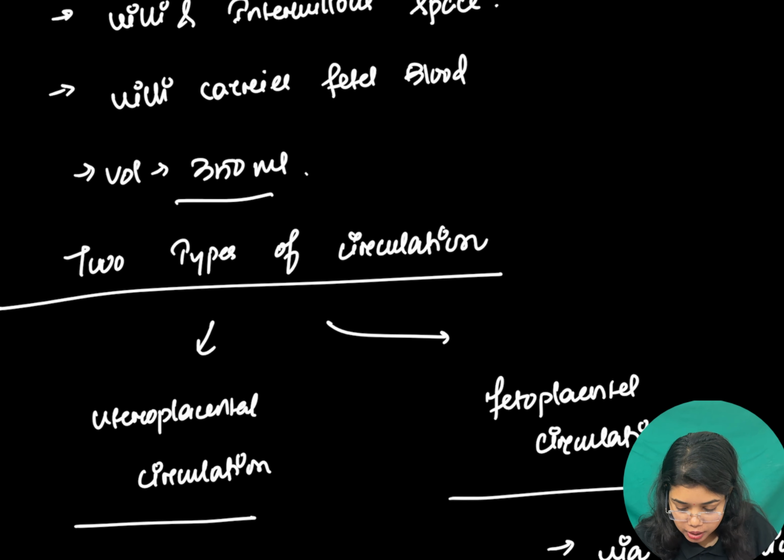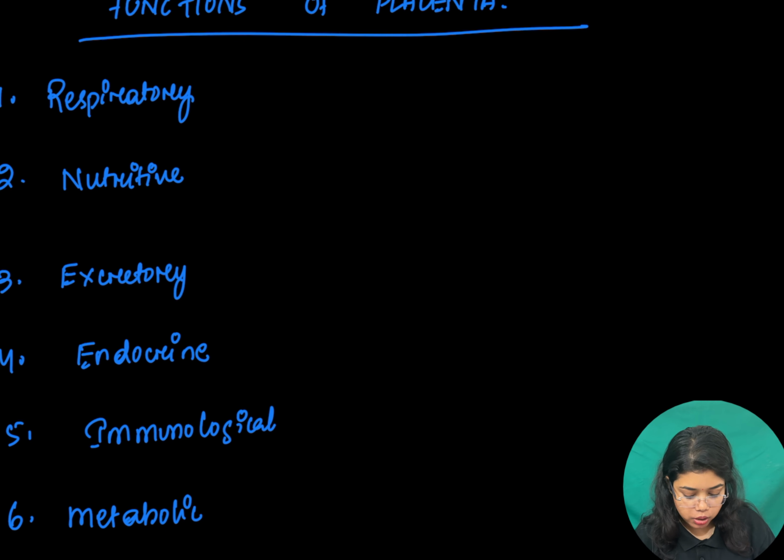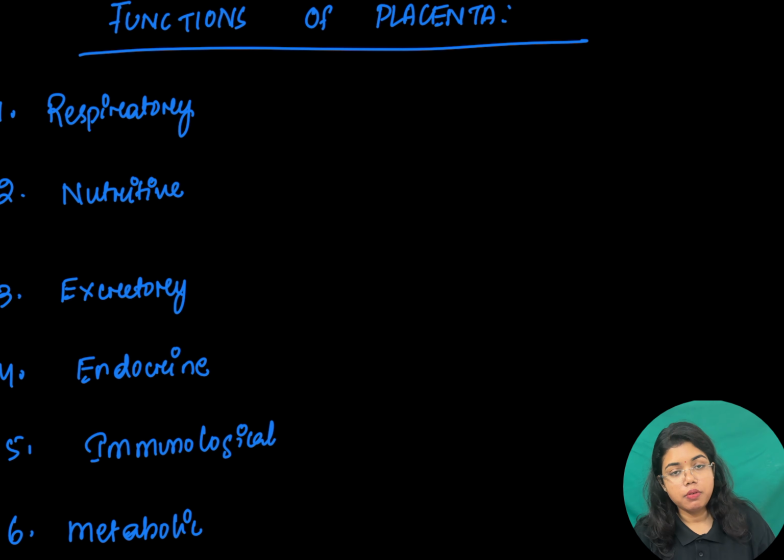Okay, then what about the functions of the placenta? See, respiratory functions, nutritive functions, excretory functions, endocrine, immunological, and metabolic. The respiratory function is due to exchange of gases. Nutritive functions: all the nutrients, amino acids, vitamins, minerals are transferred through the placenta from the mother to the baby.